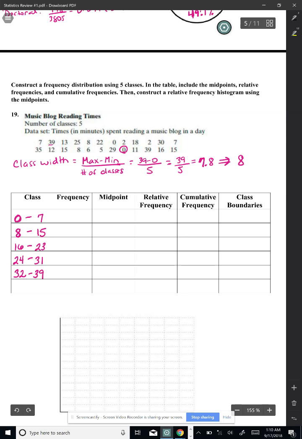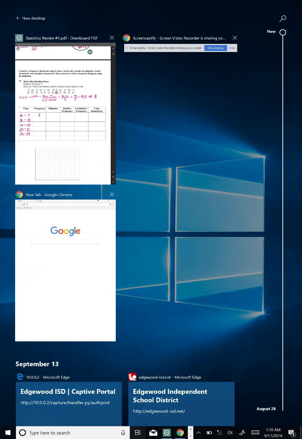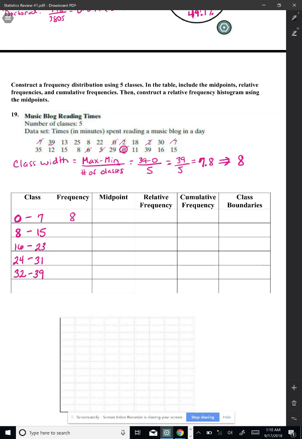Now we're going to look at the frequency. So how many of the numbers fall between 0 and 7? So you can mark these off as you go. So there would be 1, 2, 3, 4, 5, 6, 7, 8. 8 of the numbers fall between 0 and 7. Between 8 and 15, you would count all the numbers from 8 to 15.